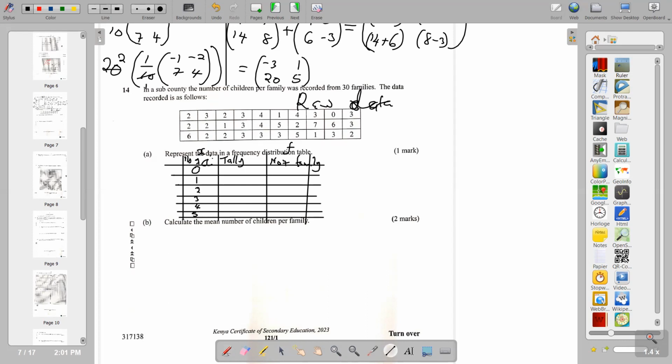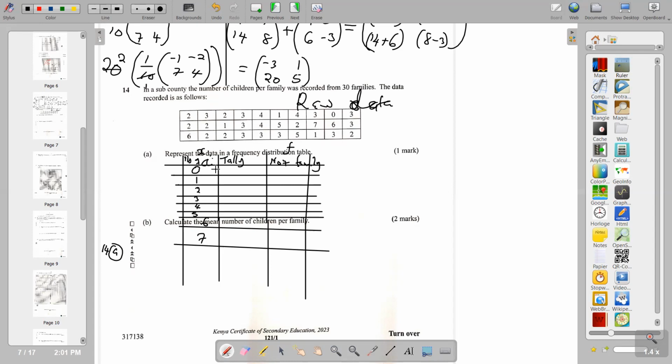But then you show the examiner that the table is for part A. You can draw it in the space down here, but then you need to note it. You write maybe question 14, number A, and then you draw the table because of this space. I think it is small. So you have 6 and 7.